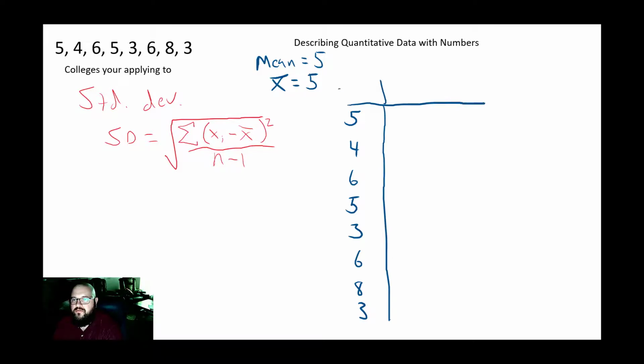So we'll call this the values. Now in here, this is going to be our x initial minus our mean, okay?